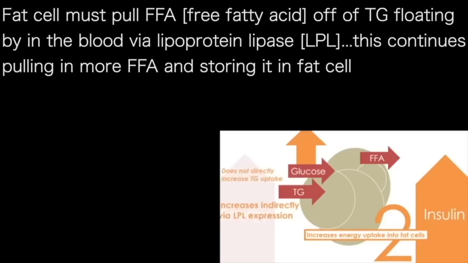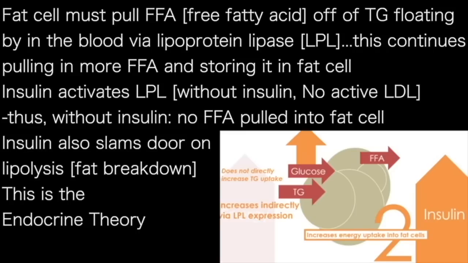So lipoprotein lipase will see the circulating triglyceride, and if there's lipoprotein lipase in the blood vessels that are feeding the fat cells, it will say, hey, hold on, right as you come by, I'm going to pull in a fat from you. I'm going to rip it off. I'm going to rip off another one, and just keep storing it in the fat cell. Insulin activates lipoprotein lipase. If you don't have insulin, you will not have any lipoprotein lipase within the adipose tissue that is active.